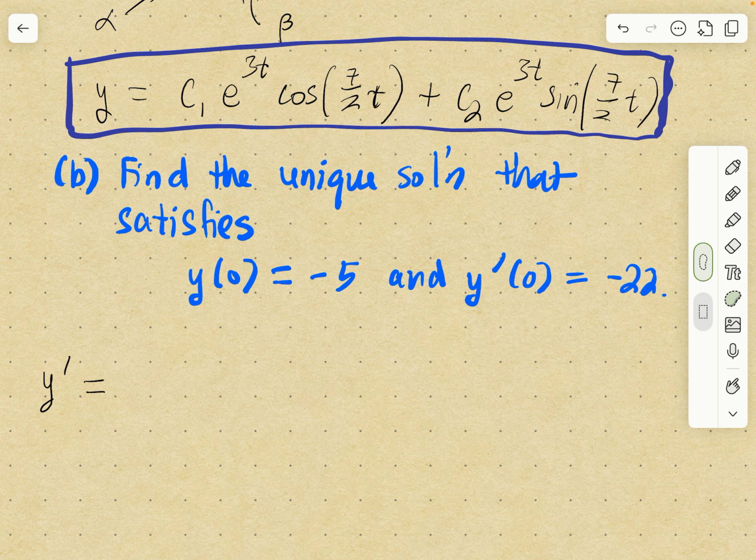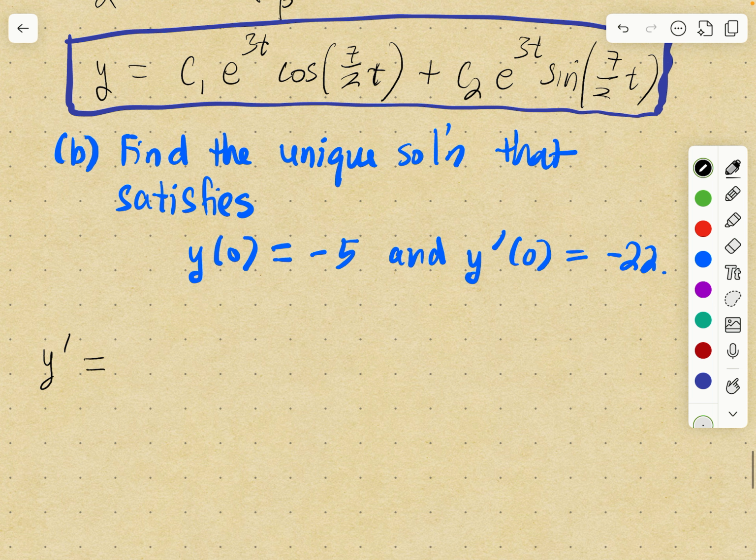And then for each of those, there's a chain rule, because you have a 3t and a 7 over 2t. Fortunately, it's not that complicated because you just pull the constant out with the chain rule. So, C1, now you're taking the derivative of this, so when you pull the constant out of the derivative, you have C1 times the derivative of this product.